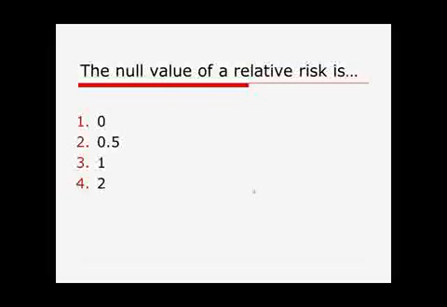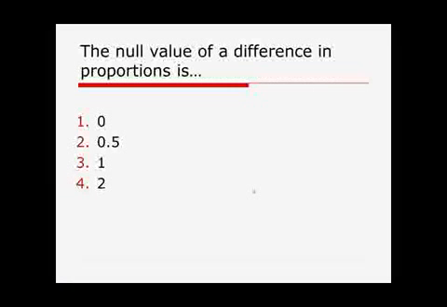Null value of a relative risk. Good. A lot of you are saying, yeah, a relative risk is a ratio, and so 1 would be the null value. Null value for a difference in proportions.